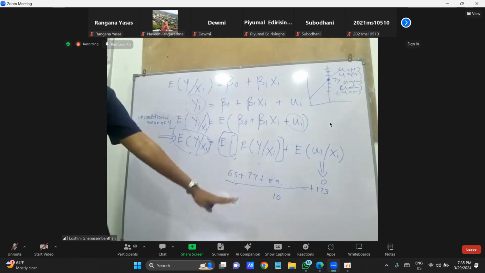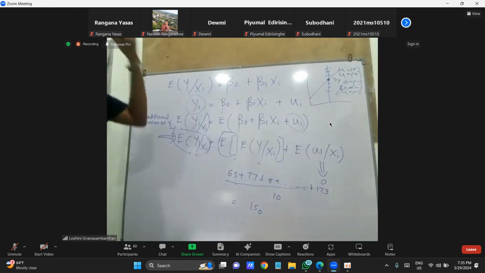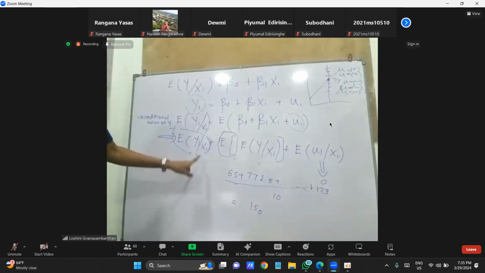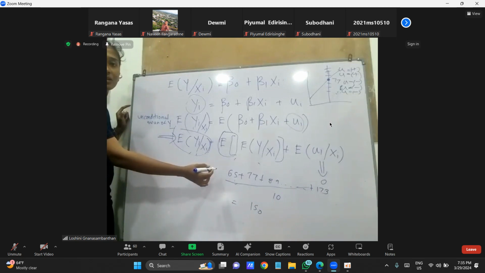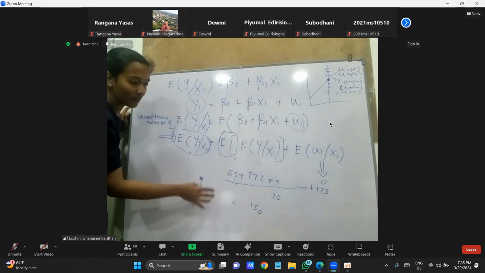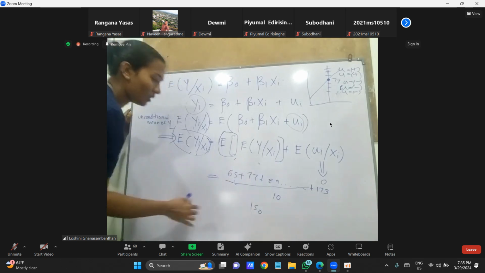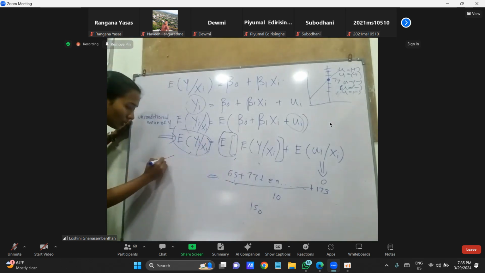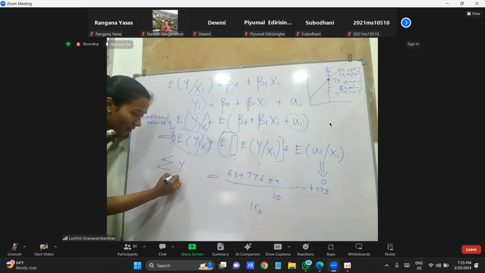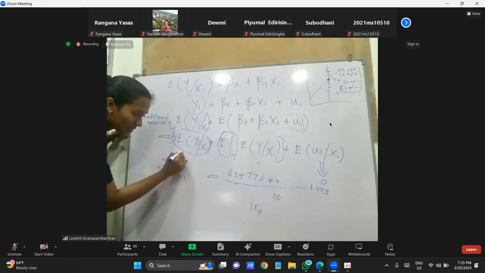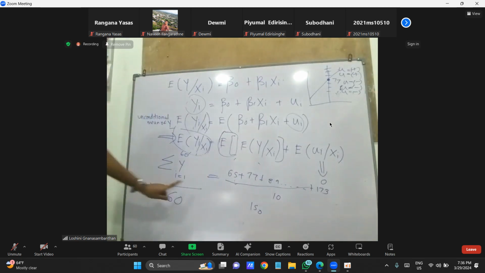There will be a value, let's say 150. This 150 will be equal to adding all the actual values and dividing by 60. So this will be equal to the sum of all the values from i equals 1 to 60, divided by 60. Can you understand?